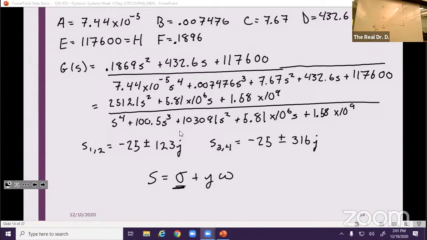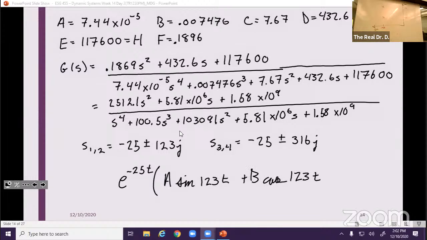The real portion controls the exponential, right? So looking at this, I should have e to the minus 25t, times a sine 123t plus b cosine 123t.